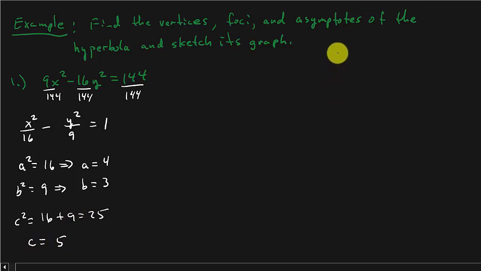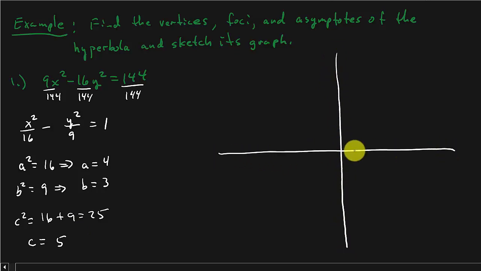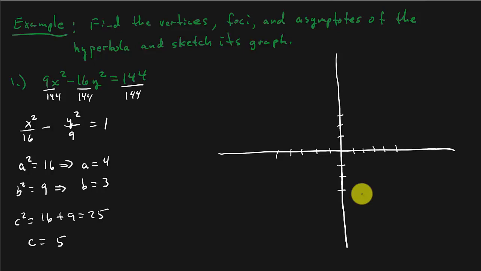All right, so let's make a quick sketch of it. So let's say 1, 2, 3, 4, 5, and 1, 2, 3, 4, 5. Okay, for a, we're going to move 1, 2, 3, 4 and 1, 2, 3, 4.